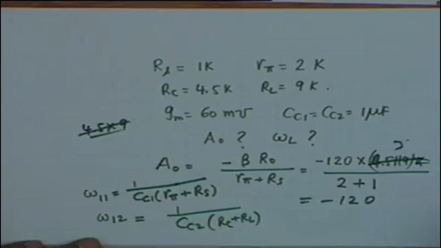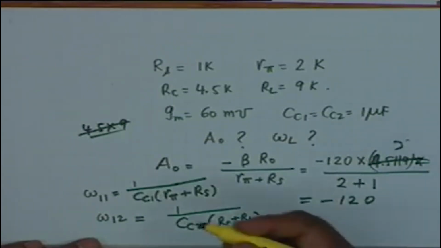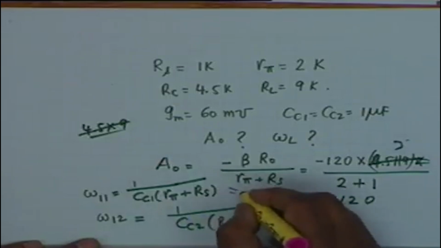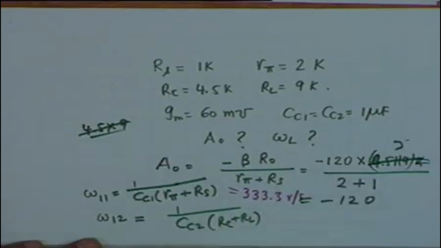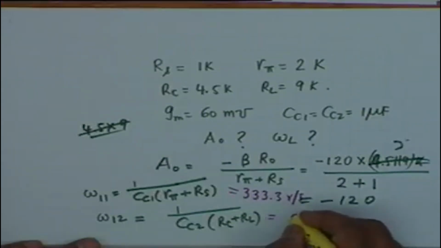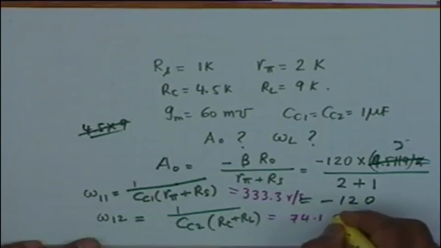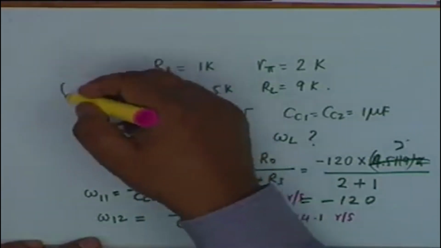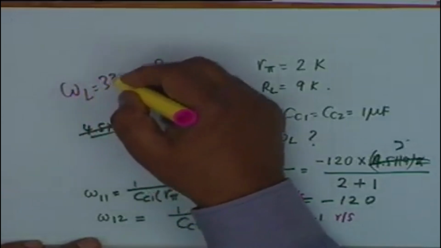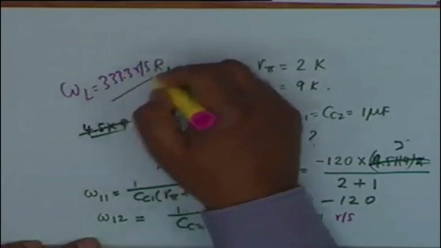Doing this calculation one finds that omega L1 comes as 333.3 radians per second, and omega L2 comes at 74.1 radians per second. This is about 5 times, isn't that right? Therefore your omega L is equal to 333.3 radians per second. This is an example of analysis.